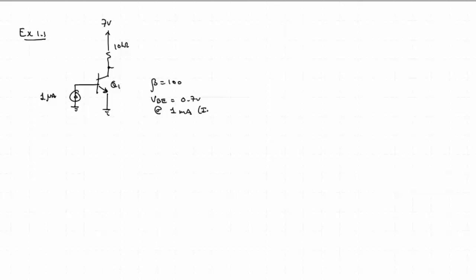Okay, so that's the collector current. Now we are to find this collector voltage. Now if we know that the beta is equal to 100, then if in active region, which we'll assume, IC is going to be beta times IB, which is 100 times 1 microamp, or 100 microamps, 0.1 milliamps.